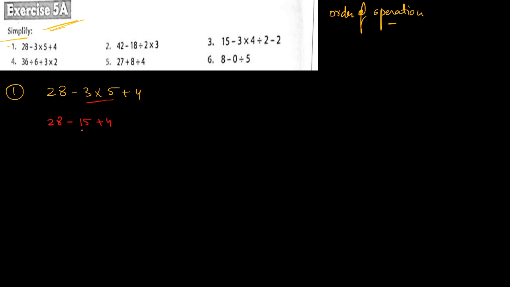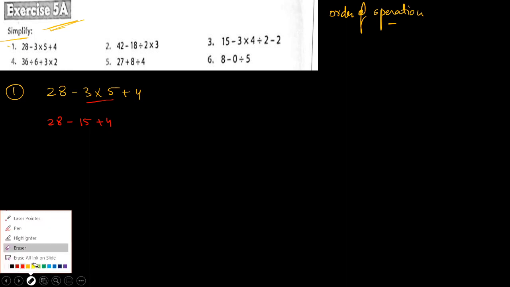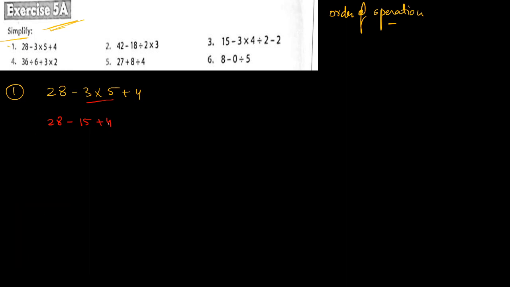Then what will we do? Because this 15 is negative, we cannot add this positive 4 with a negative. We will add the positive number with the positive. This 28 is positive. So we will add 28 with 15. Sorry, I'm so sorry. We will add 28 with 4, because 28 is positive and 4 is also positive.